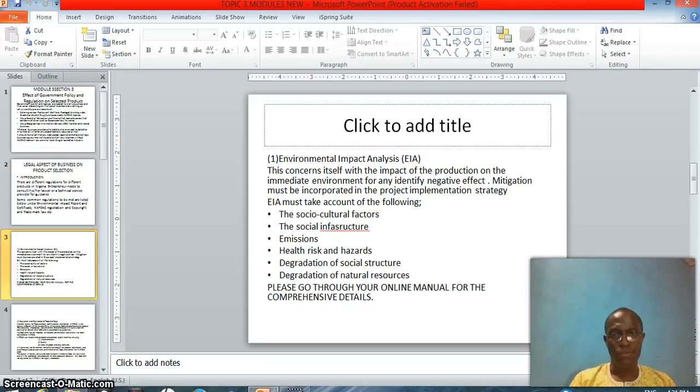EIA must take account of the following: the socio-cultural factor, the social infrastructure, emissions, health risks and hazards, degradation of social structure, and degradation of natural resources. Please go through your online manual for the comprehensive details.